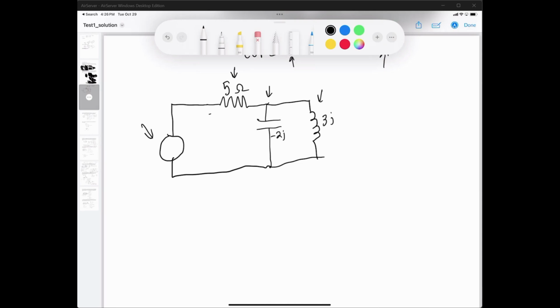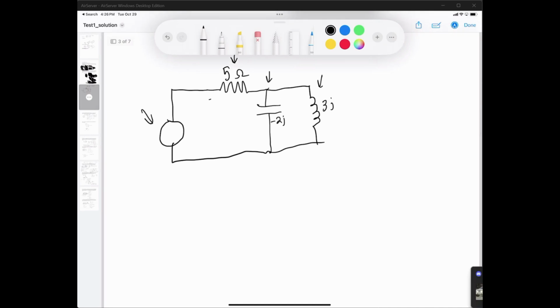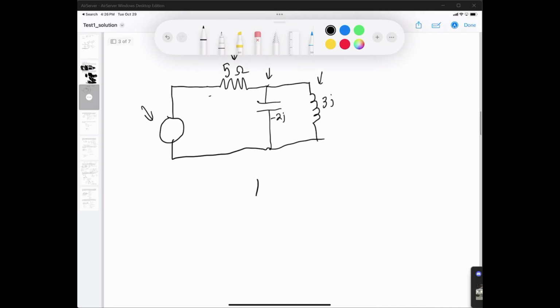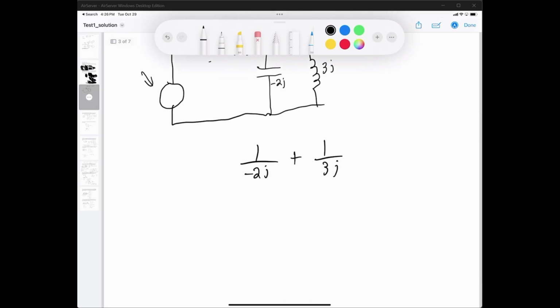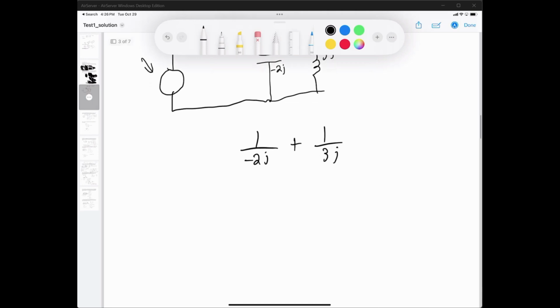First, we'll combine this capacitor and inductor like you normally do, right? 1 over 3J, you're going to combine those. So cross multiply, we'll get 3J times negative 2J over negative 2J plus 3J.